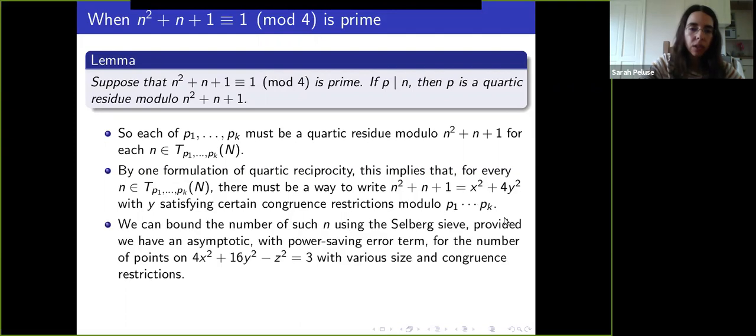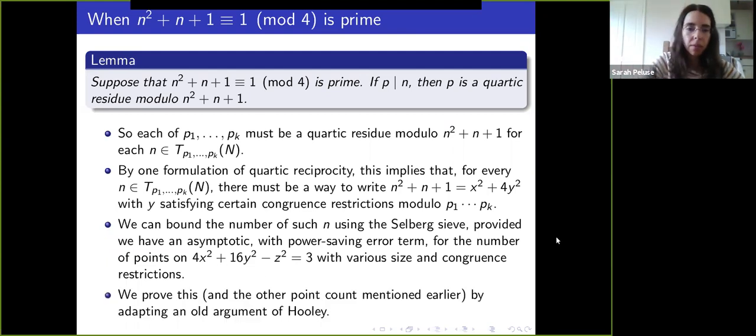And we can do this using the Selberg sieve. But one of the inputs we need for the Selberg sieve is an asymptotic count with pretty good error term of the number of points on this 3-dimensional hyperboloid with various size and congruence restrictions on x, y, and z. So now we have another lattice point count, and we prove this one and the one I mentioned earlier by adapting an old argument of Hooley.